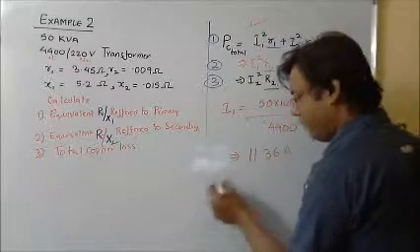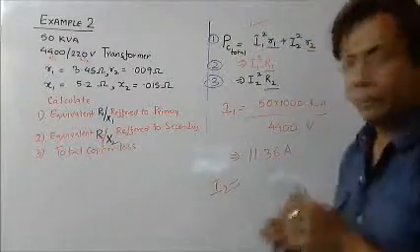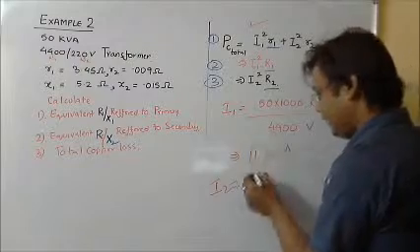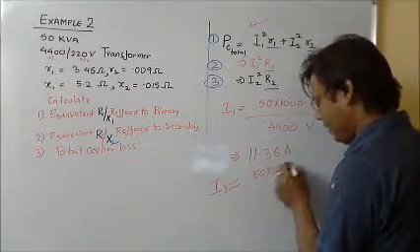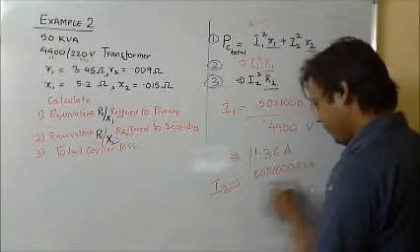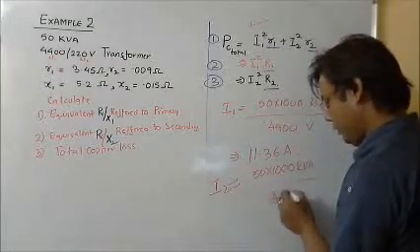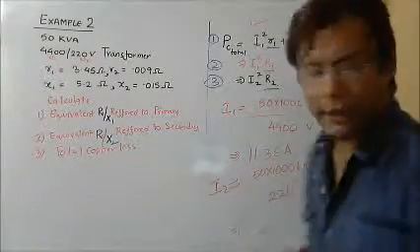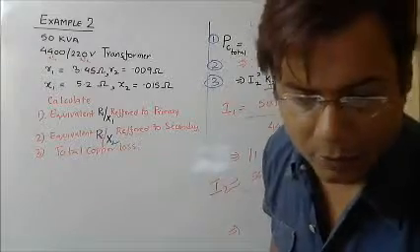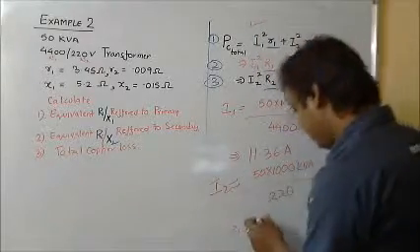I can also find I2 in the same way: 50 into 1000 VA divided by 220. Here I will get the current as 227 amperes.